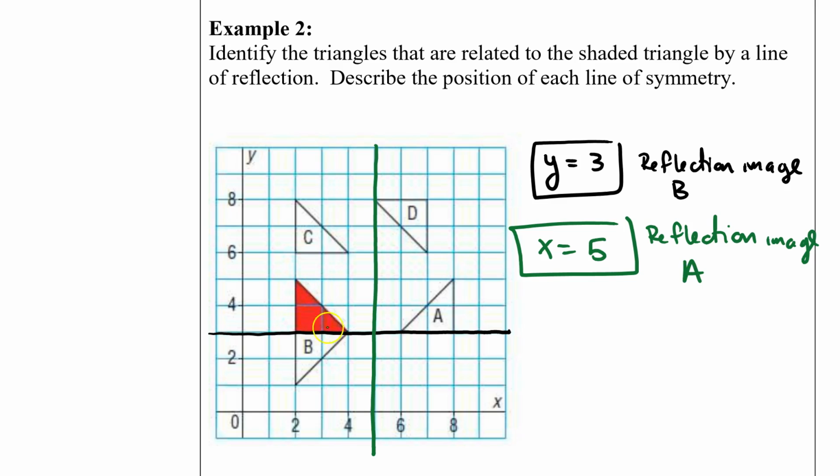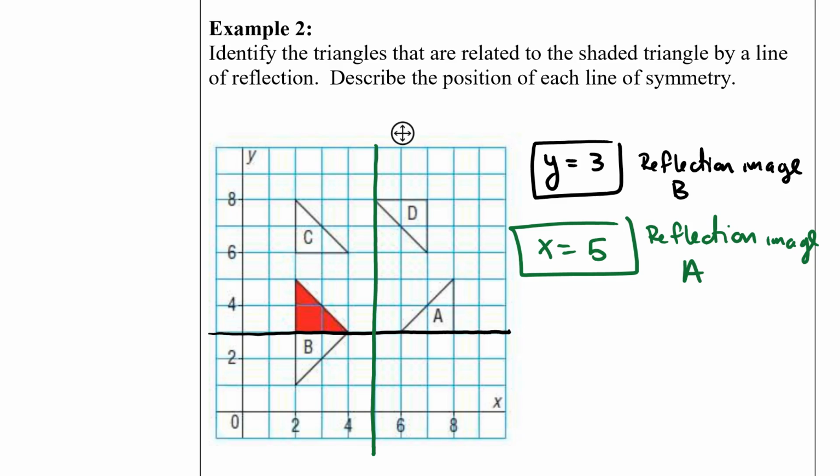This right here experiences a translation in that every single point is just moved up 1, 2, 3. So moved up 3. However, it's not a reflection, because if I were to draw a line right in between them, each point would not be equidistant to the line of symmetry in dispute.